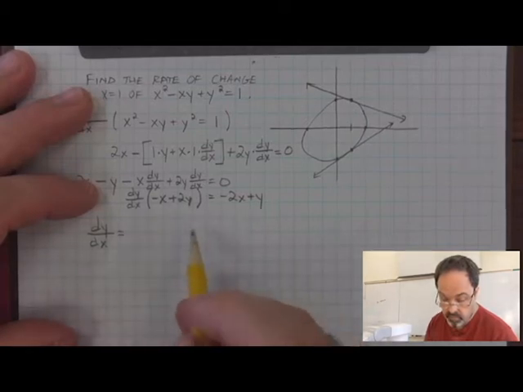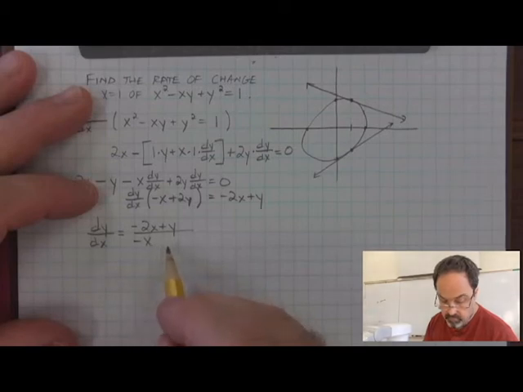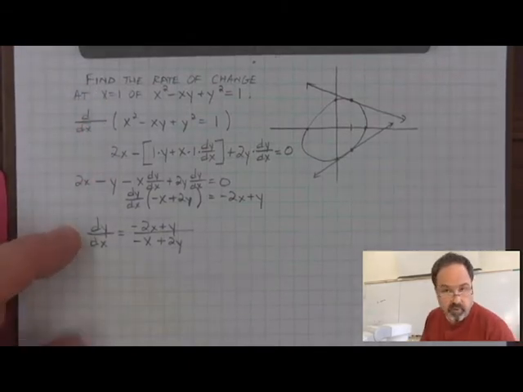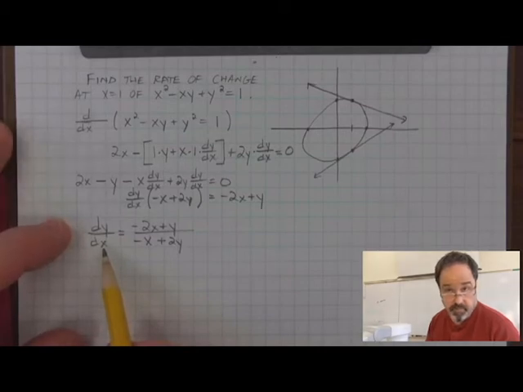When I do, I will get the negative 2x plus y that's already on the right, divided by negative x plus 2y.